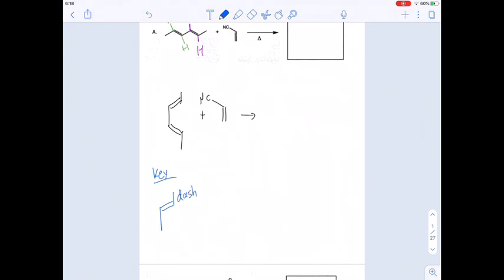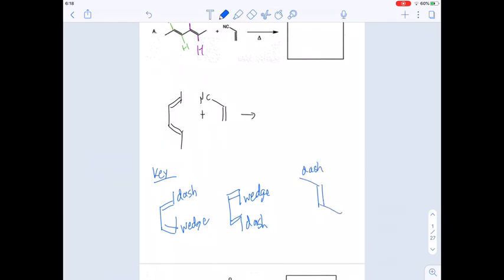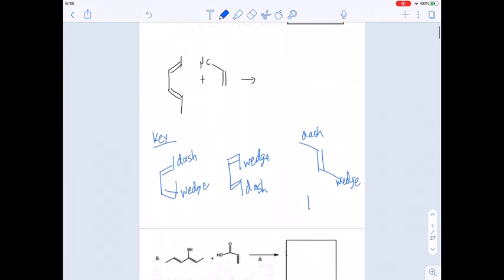Really quickly, I'm going to repeat the key that I use just in case people forgot or want a reminder. So anything that's pointing away from the center of the diene is on a dash. Anything that's pointing towards the center of the diene is on a wedge. So conversely, that means this would be on a wedge, this would be on a dash.